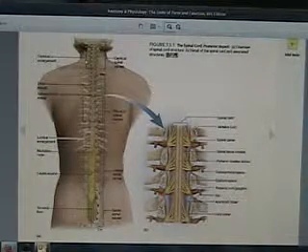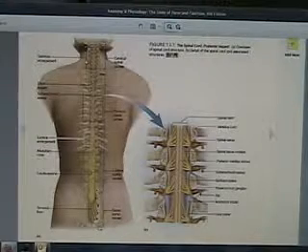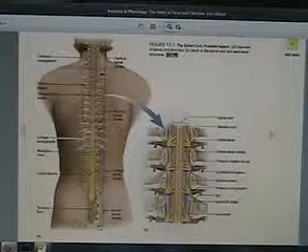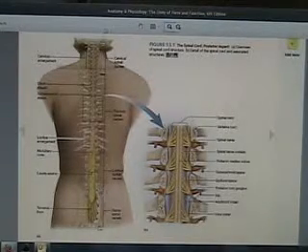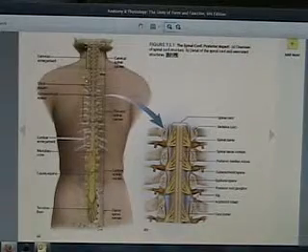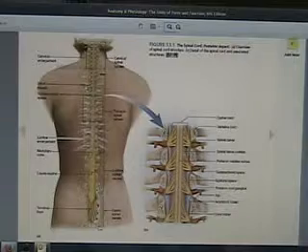There are 8 cervical spinal nerves, or 8 pairs. And you may recall there are 7 cervical vertebrae, but there are 8 pairs, because remember, it goes in between the spaces. Thoracic, 1 through 12, to match the 12 ribs.